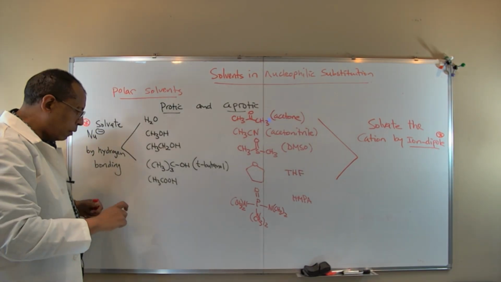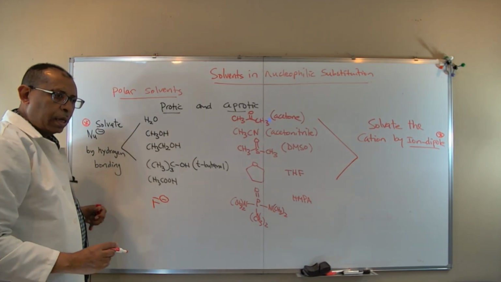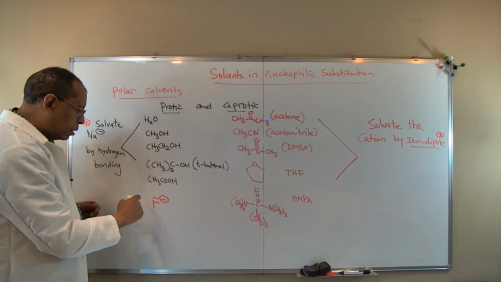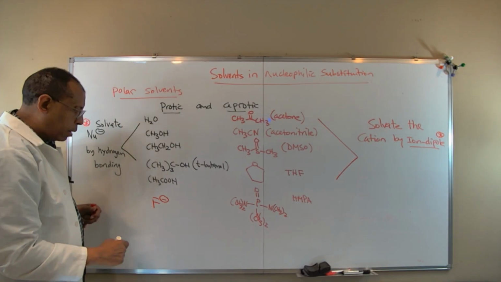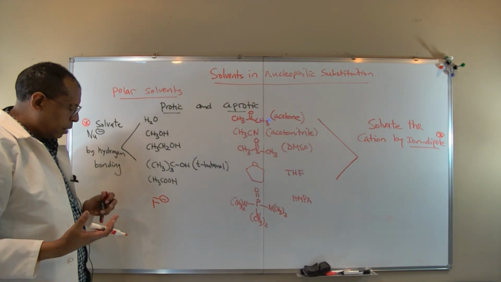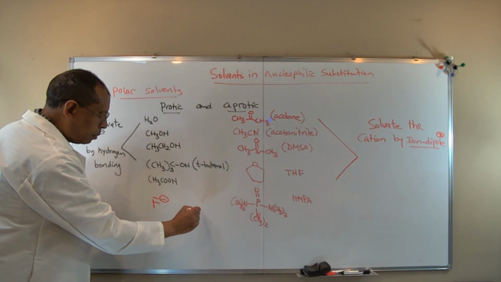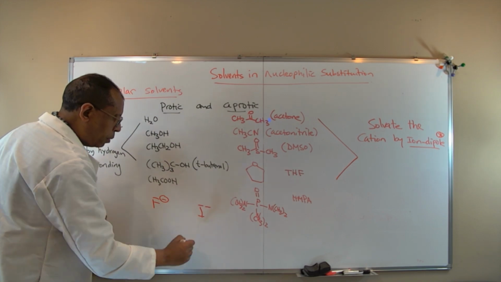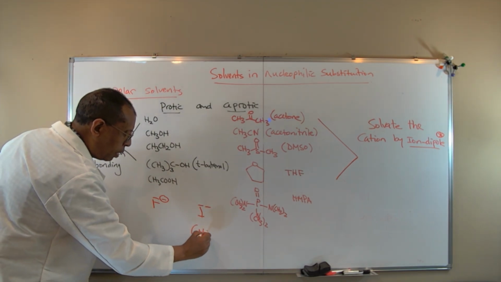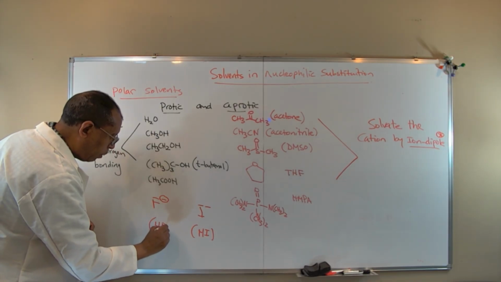If you have a nucleophile like fluoride, it's a strong base because it's produced from a weak acid, as compared to iodide, which is produced from a very strong acid. This is the acid form.